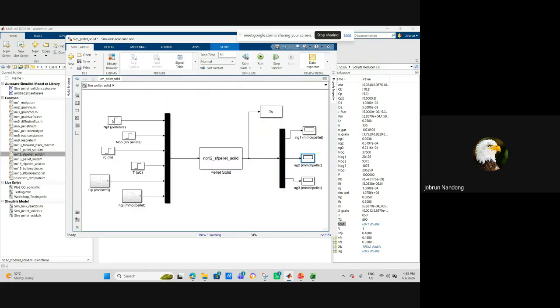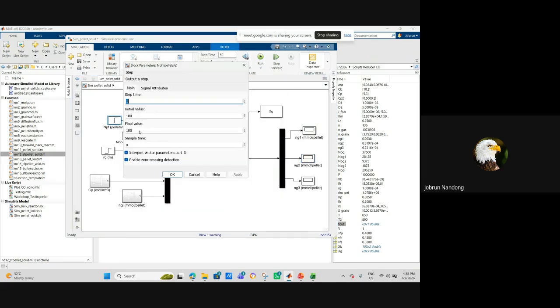Now, let's say we want to change the flow rate. Let me change the flow rate here, maybe plus 20 more. Increase it by 20. Now let's say I start at time equal to 10 seconds. I change it on.